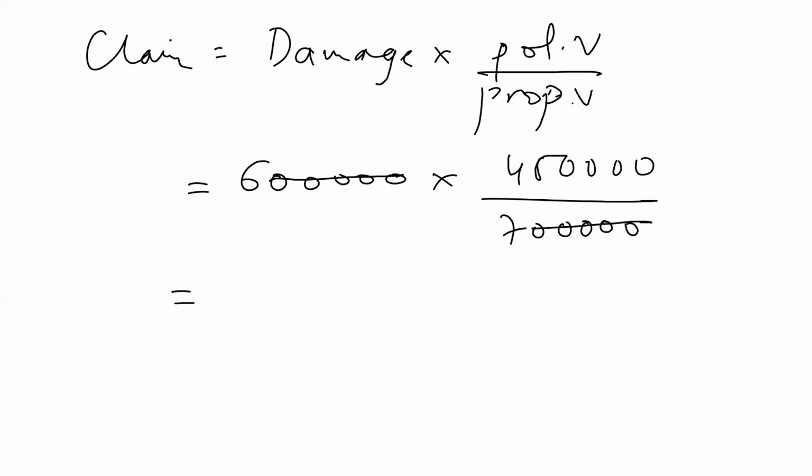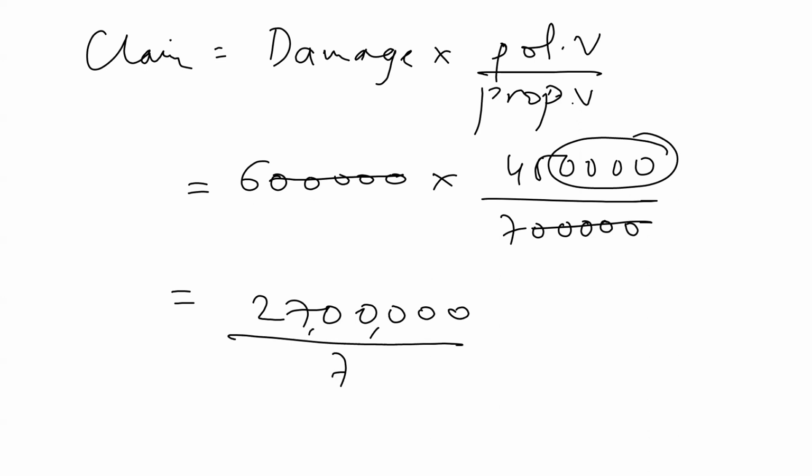So 45 into 6, that is, I guess it's 270, into 4 more zeros upon 7. So this you have to divide up to 3 digits and round it up to 2 decimal places.